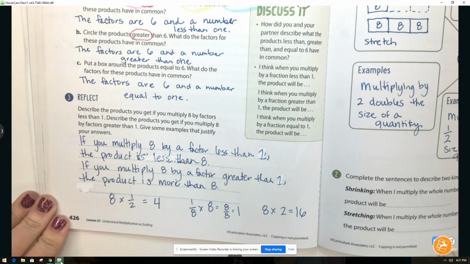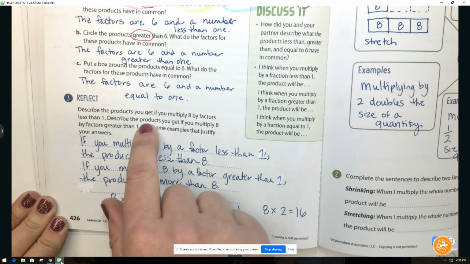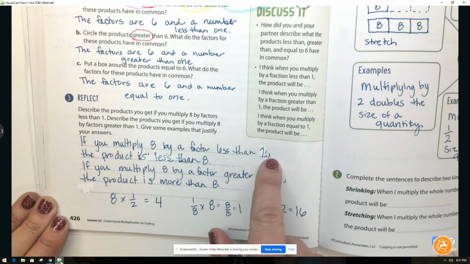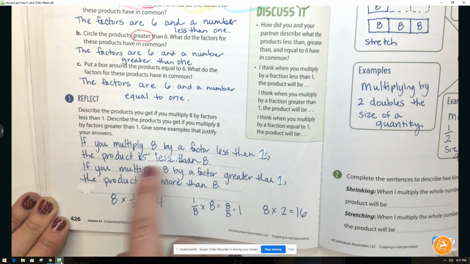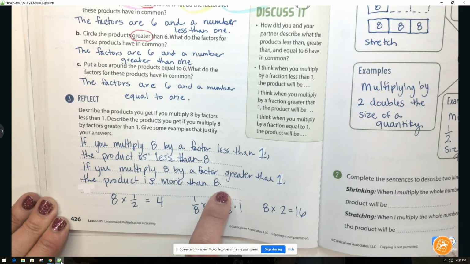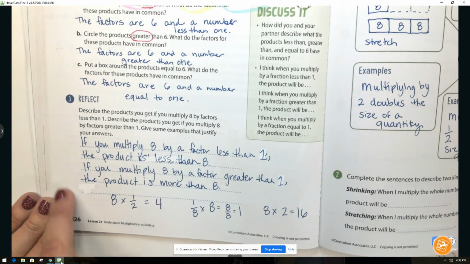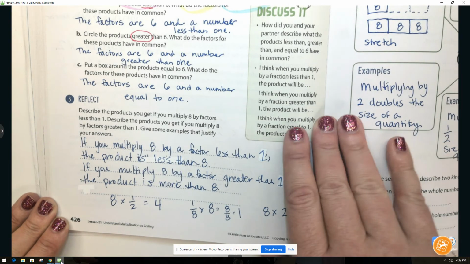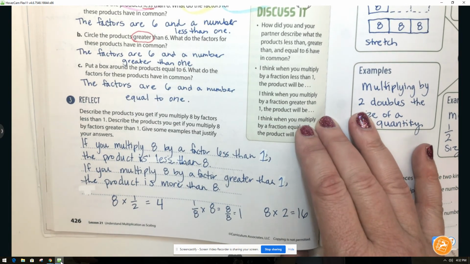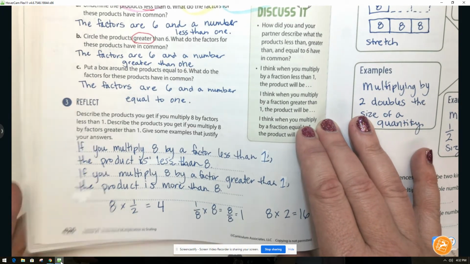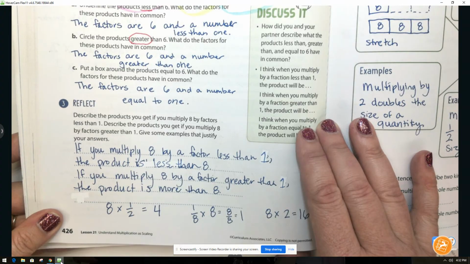See if you can find any more examples that would prove our theory that anytime you multiply 8 by a factor less than 1, you get a product less than 8, or if you multiply 8 by a factor greater than 1, the product is more than 8. Come up with 2 or 3 more that work, so pause the video there and come up with 2 or 3 more options. And then we're going to go ahead and move on to our graphic organizer.